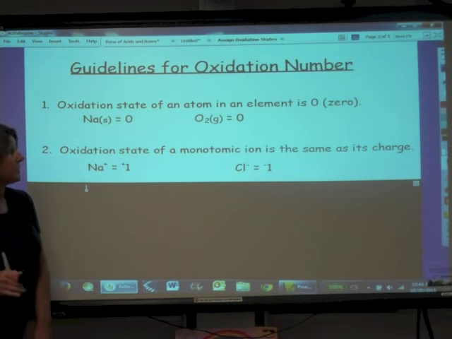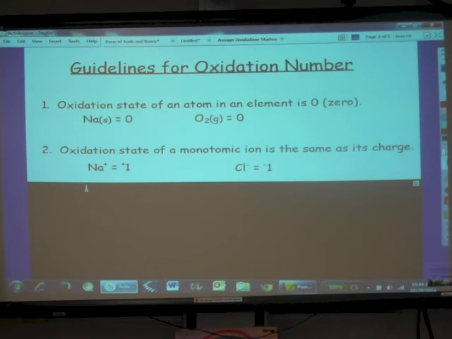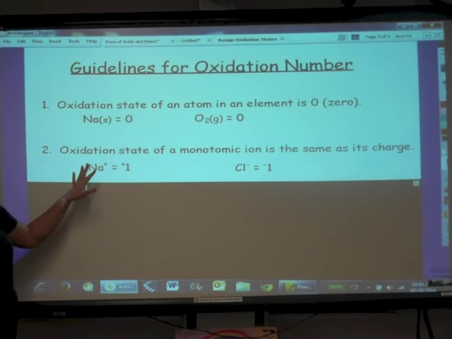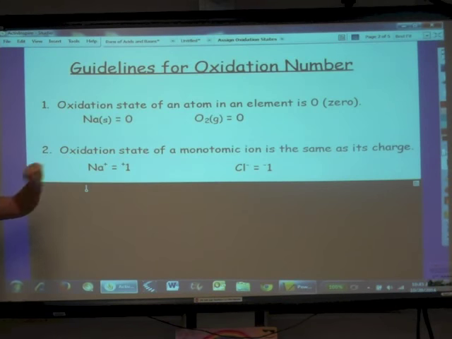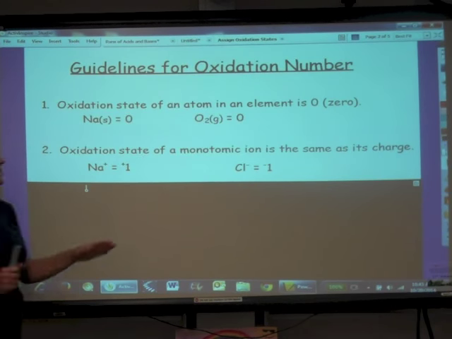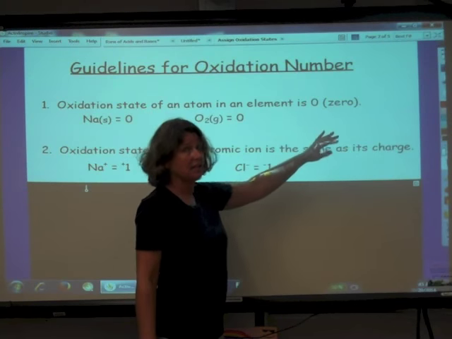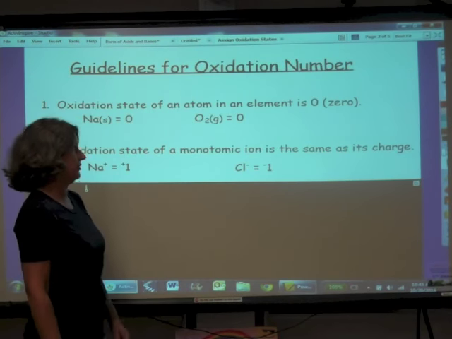The oxidation state of a monatomic ion is always the same as its ionic charge. So, if sodium is a +1 ion, that means that in a compound, sodium always has an oxidation state of +1, the same as its ionic charge.